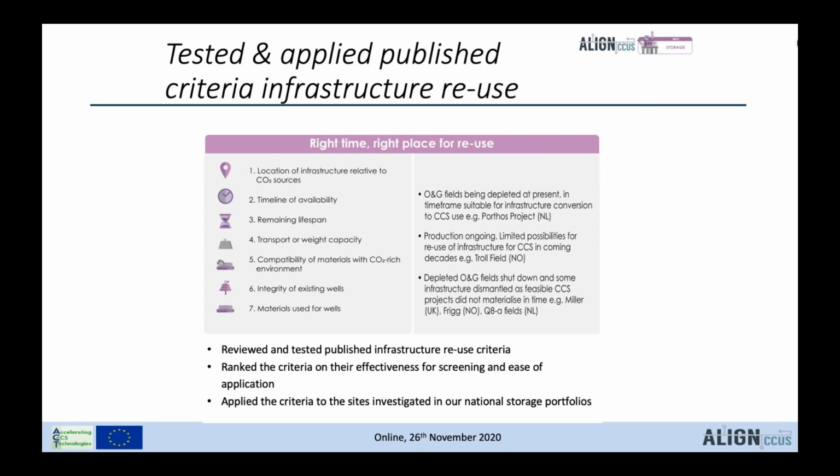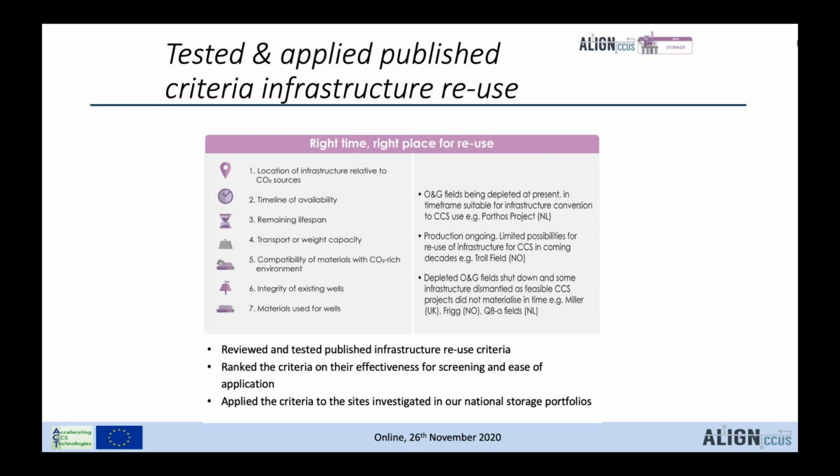We particularly noted examples where fields have been depleted within a time frame suitable and unsuitable for CCUS reuse. We also noted where production of oil and gas will continue in the coming decades, and so limiting its possibilities for reuse. Or we noted that fields have been depleted and some infrastructure has been dismantled before it is needed for CCS.